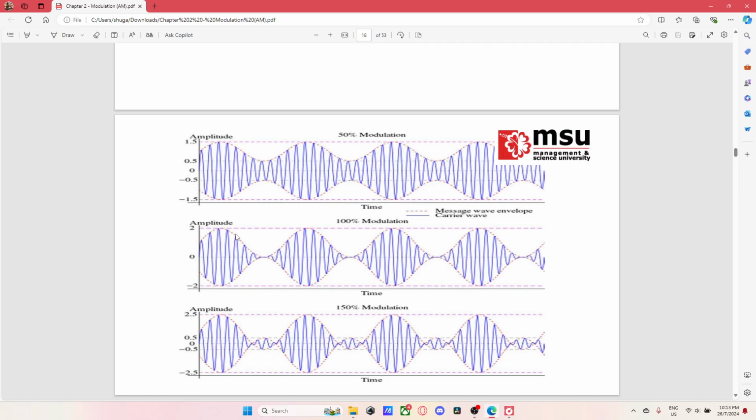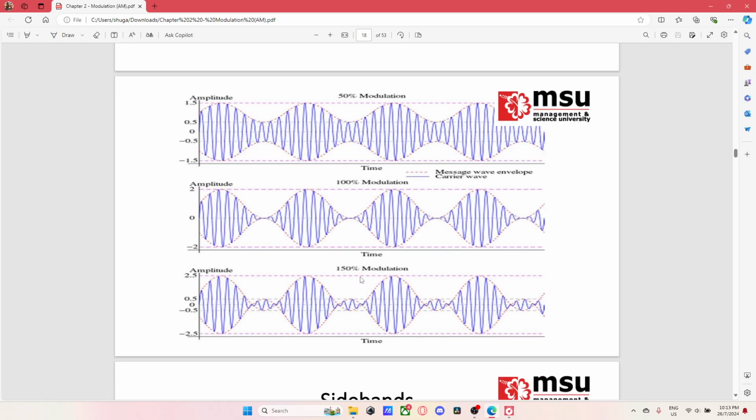As you can see, when M is equal to 1, the sine wave will touch the bottom part also, which causes some minor distortion where this part of the signal is missing. And if it's more than 1, as you can see from this diagram, it is 1.5 modulation. There is a small distortion here in the middle where it overlaps the signal on the bottom and the upper part of the carrier signal.